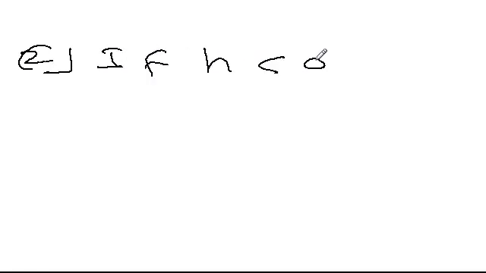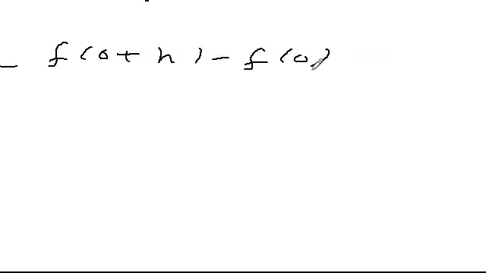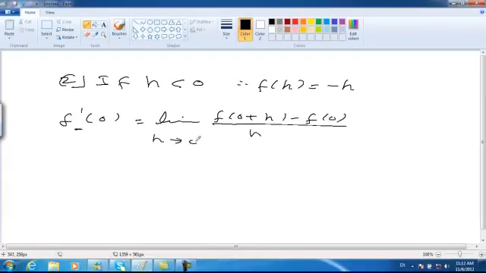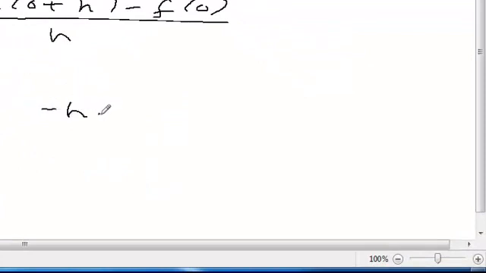If h less than 0, then f of h equals minus h. f dash 0 minus equals the limit of f of 0 plus h minus f of 0, divided by h, as h tends to 0 minus, equals the limit as h tends to 0 minus of minus h minus 0 divided by h, equals minus 1.